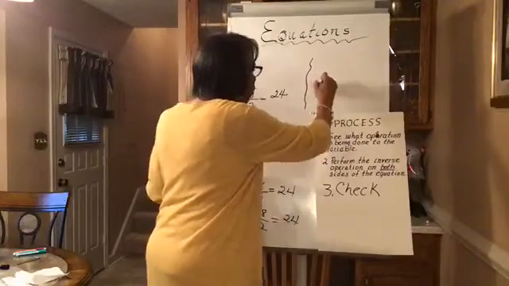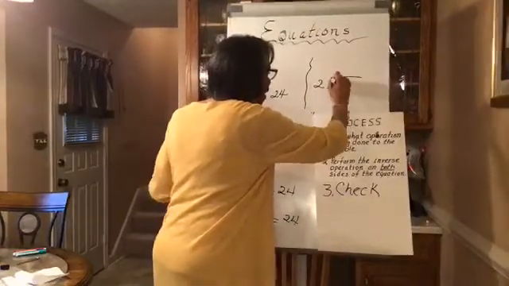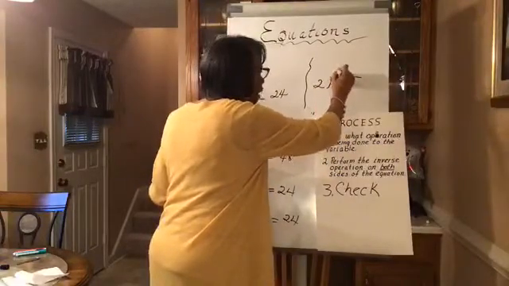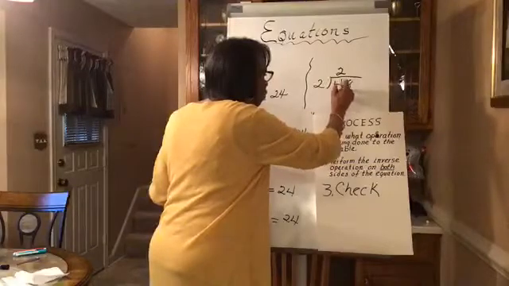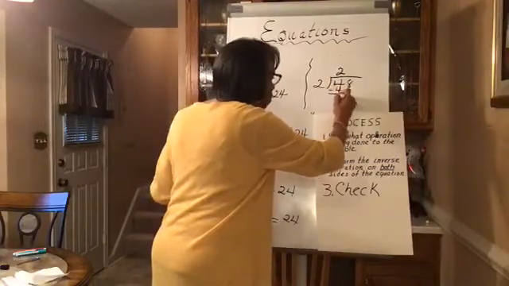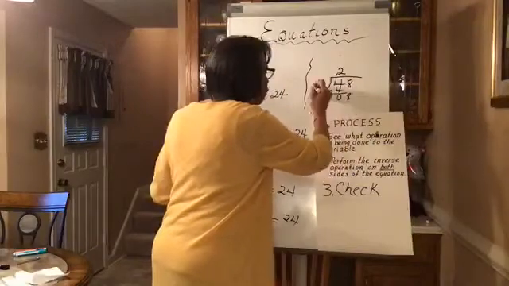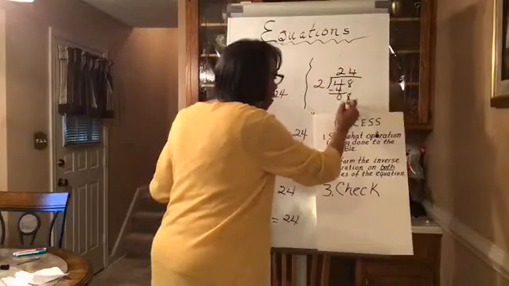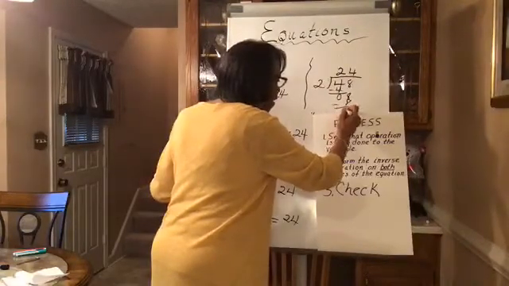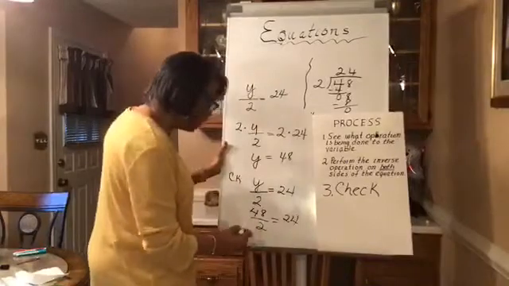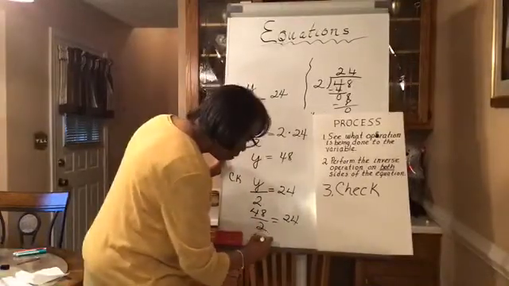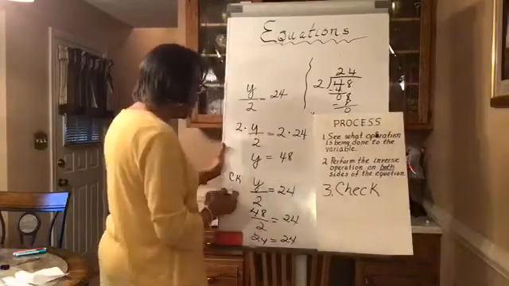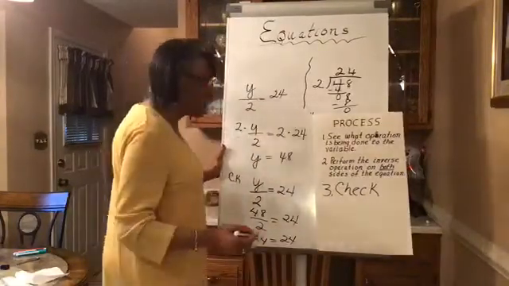If you don't know, 48 divided by 2. 2 will go into 4 2 times. 2 times 2 is 4. Subtract, no remainder. Bring down the 8. 2 will go into 8 4 times. 4 times 2 is 8. 8 minus 8 is 0. So the answer is 24. So this is solved correctly. 24 equals 24. All right.